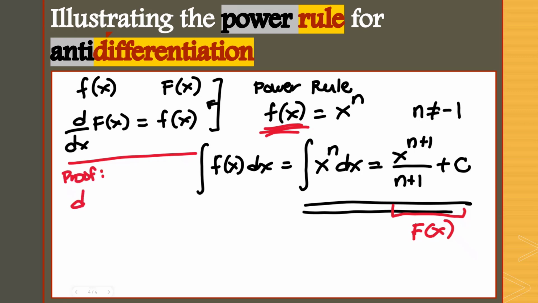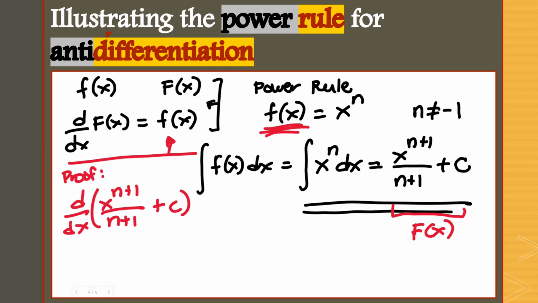The derivative of your capital F of x, so you have x to the power of n plus 1 over n plus 1 plus c with respect to x. Let's hope that this will result to our f of x, which is x to the power of n.